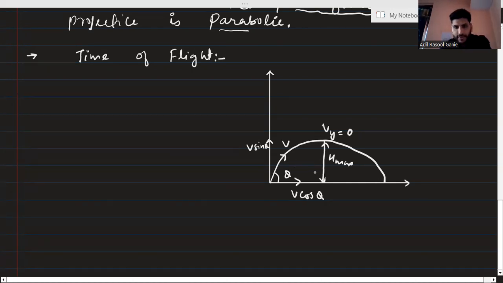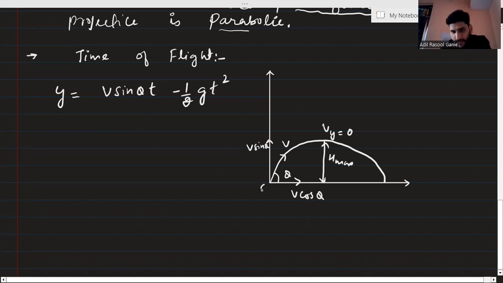How do we calculate this time of flight? As we know, the equation for the displacement along the vertical direction is y is equal to v sin theta into t minus 1 by 2 gt square.